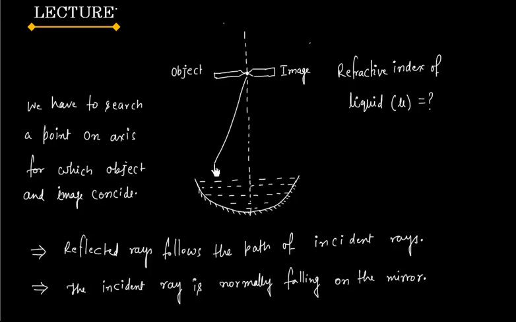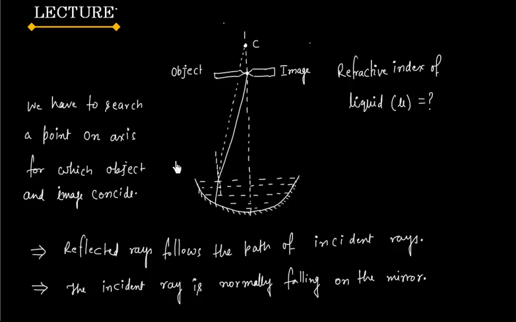So a ray is coming here, and now this ray is falling normally onto this mirror. This means if I extend this ray in the backward direction, it will pass through the center of the mirror.